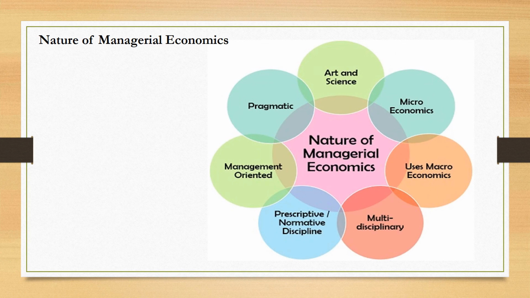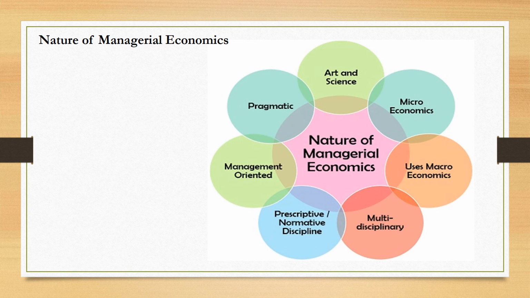Next, we will see the nature of managerial economics. Nature consists of various parts. Among that, we will state first art and science, next microeconomics, macroeconomics, multidisciplinary, then prescriptive and normative discipline.